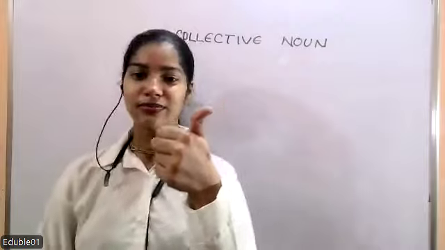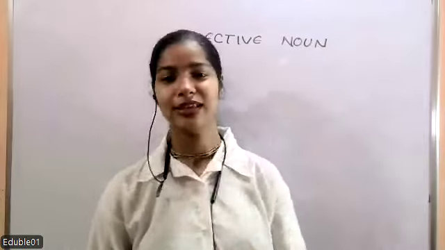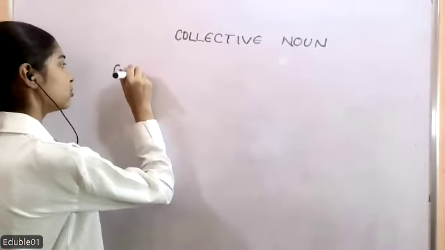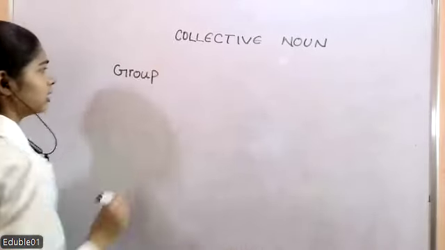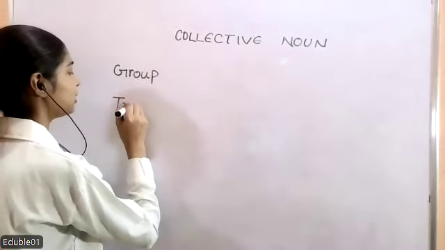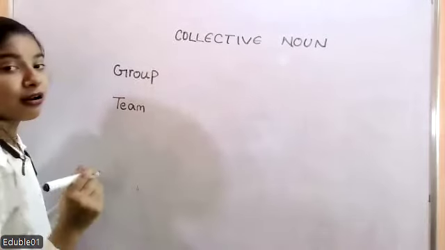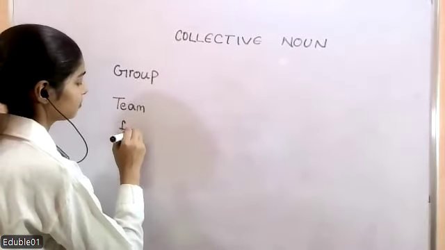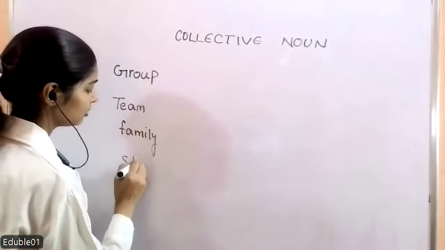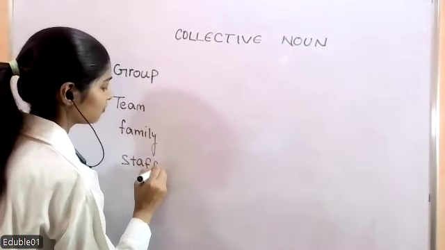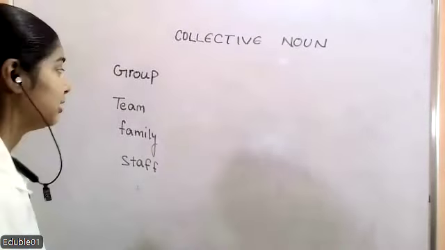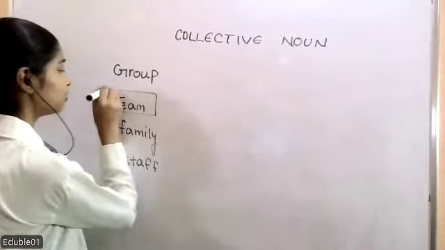A collective noun names a group of people or things. Let's take some examples like group, team, family, staff, right? These are the words in which we are talking about a group of people, like team.